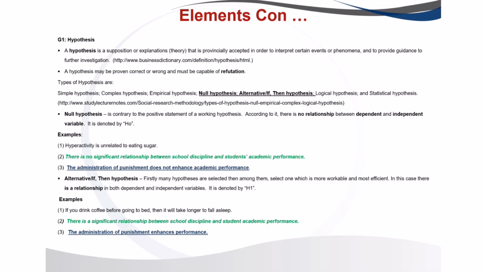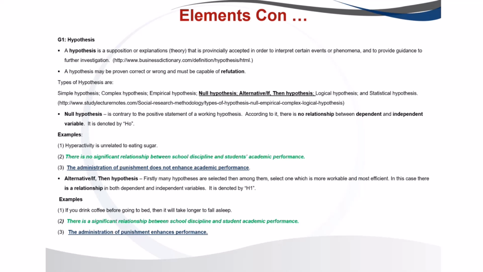But let's look at what a hypothesis is. It's a supposition or explanation that is provisionally accepted in order to interpret certain events or phenomena. And this hypothesis needs to be proven correct or wrong, and it also must be tested. Well, we have different types of hypotheses, okay?